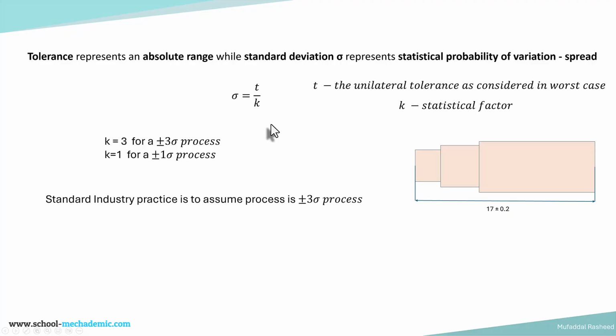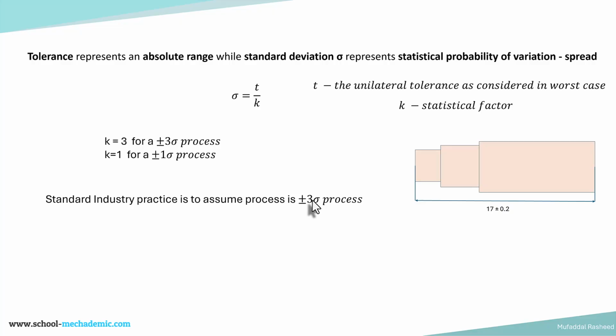General standard industry practice is to assume that the manufacturing process is a plus or minus 3 sigma process, especially when the process is being used for mass production. Generic processes like CNC machining are considered to be plus or minus 3 sigma processes. It's an assumption. If the quality of the process is lower, then we need to consider a lower value over here.